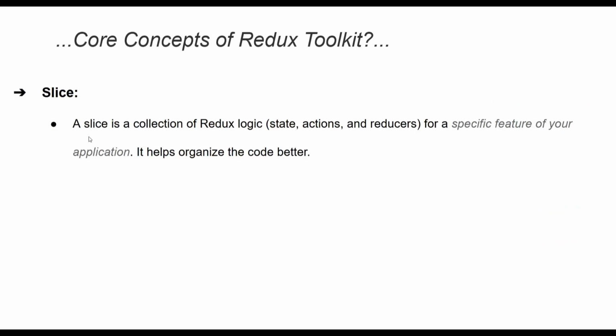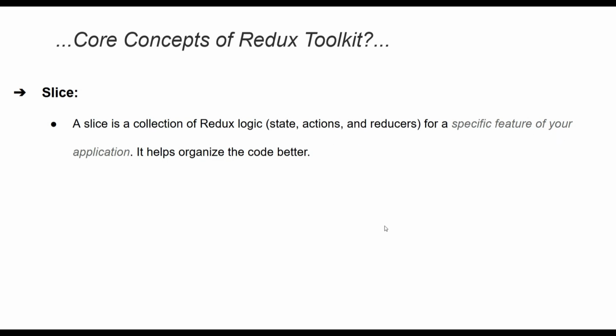Now let's take a quick look at slice. So what is a slice? A slice is a collection of Redux logic, state, actions, and reducers for a specific feature of your application that helps organize code better. So a slice represents a particular feature in the application.